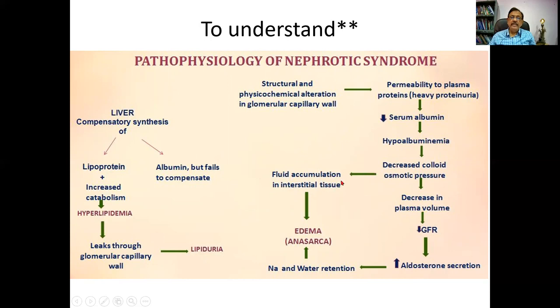Also, you find that there is an accumulation of fluid in the interstitium, leading to generalized edema or anasarca. As far as the liver is concerned, you find that there can be increased amount of lipoprotein and there is a leakage which leads to lipiduria. And there is a decrease in the albumin, which is not compensated.